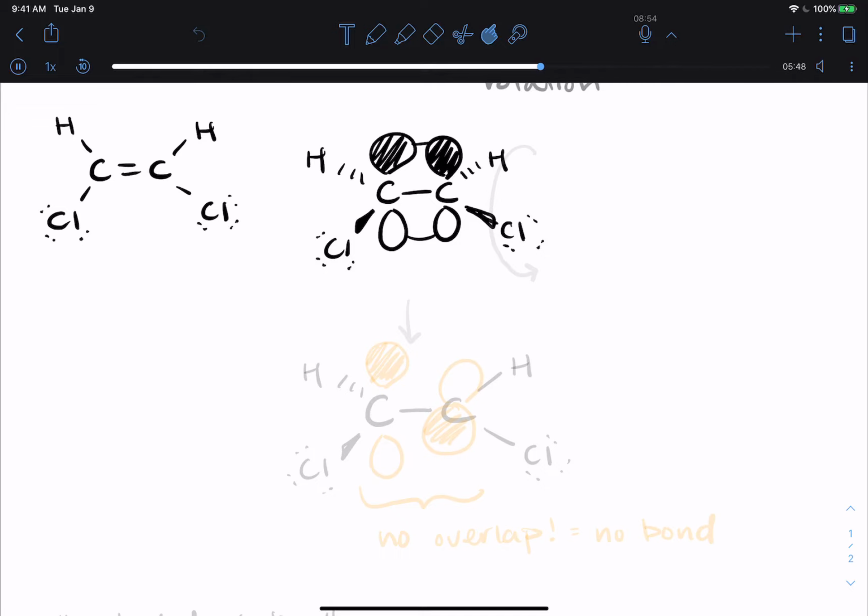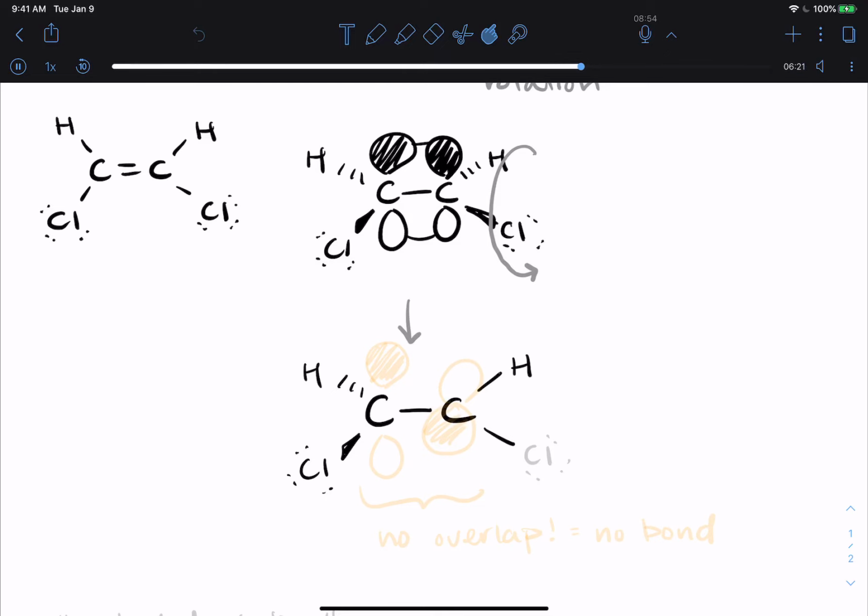If now I start to do this rotation, all right, if I'm holding the one on the left stationary, still carbon with hydrogen going back and a Cl coming out, connected to this carbon. And if I'm rotating it, tipping everything forward, I've taken that hydrogen in the back and brought it up into the plane of the paper.